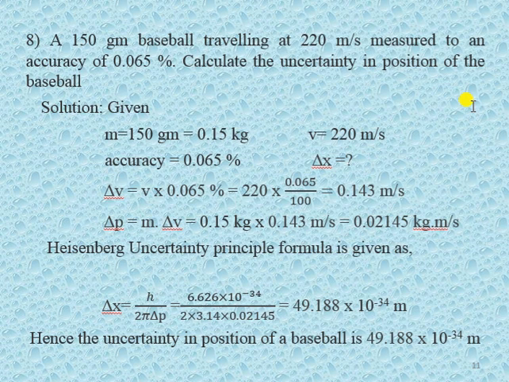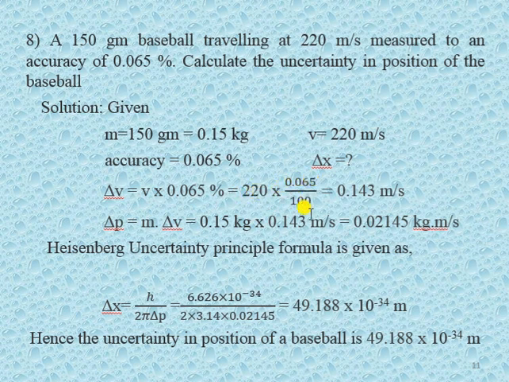We have to find the uncertainty in position of the baseball. Uncertainty in velocity is velocity into accuracy, which is 220 into 0.065 divided by 100, equal to 0.143 meter per second.